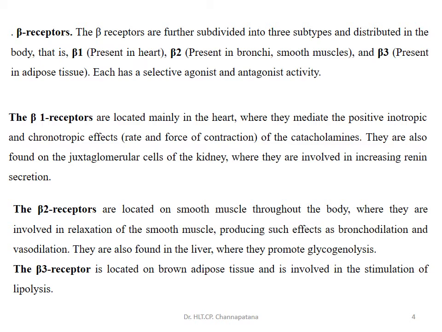They are also found in the liver and promote glycogenolysis, meaning breakdown of glycogen into individual glucose. Beta 3 is located in the adipose tissue. Stimulation of this causes lipolysis, which helps in lipid metabolism. Lipid is broken down into individual fatty acids and glycerol.